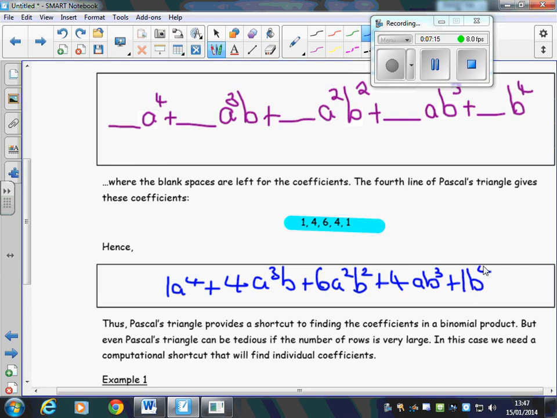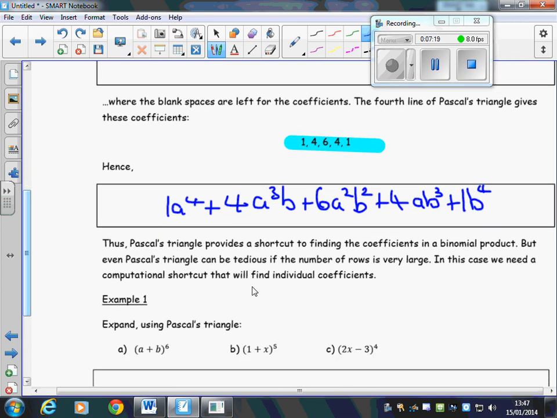And of course, the 1 a to the power of 4 and the 1 b to the power of 4 can just be written as a to the power of 4 and b to the power of 4 respectively. So, Pascal's triangle provides a shortcut for finding the coefficients in a binomial product.